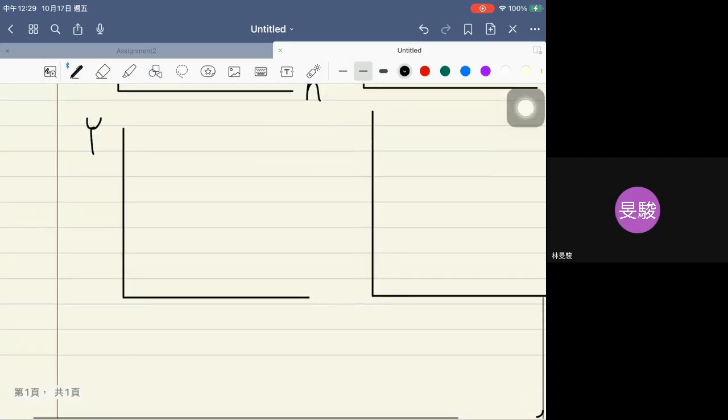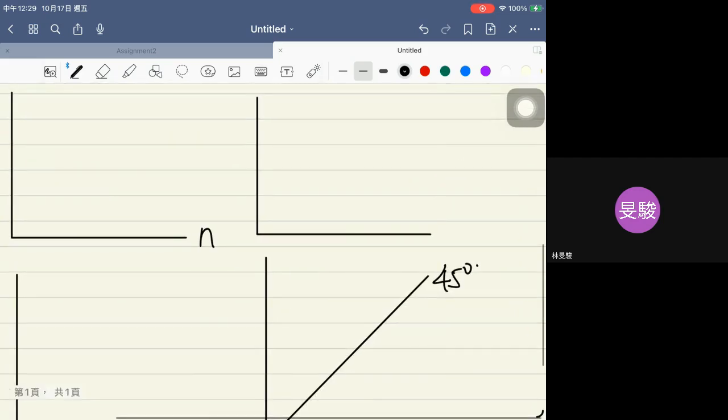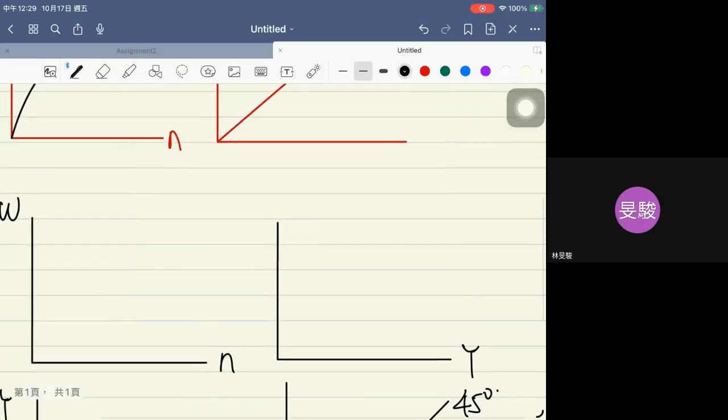This is the transformation line. And this is your output, and this is the price level.